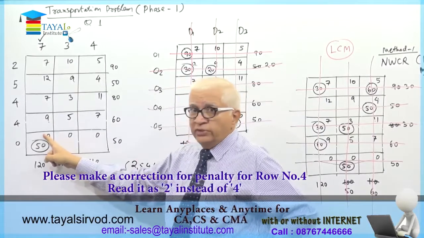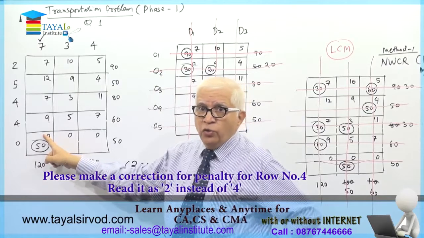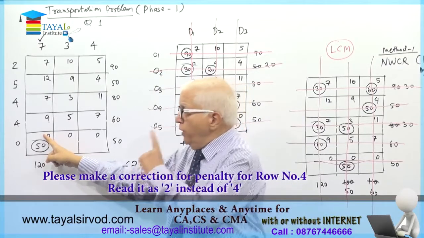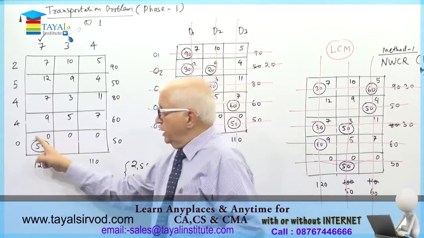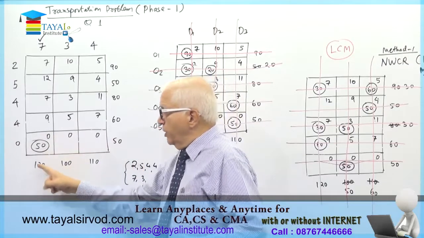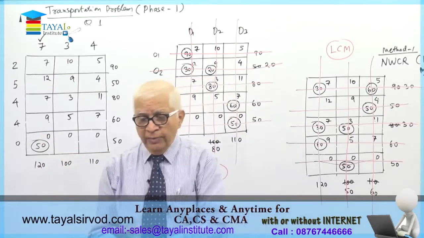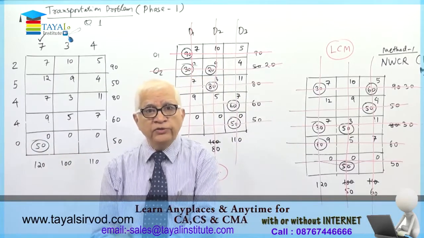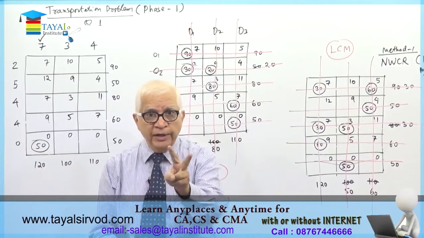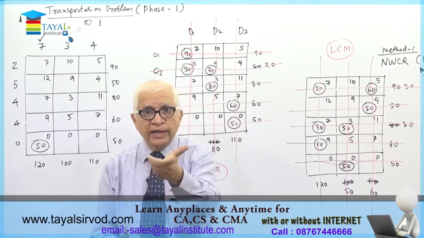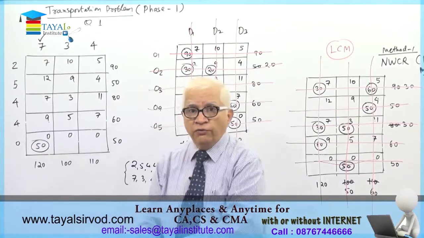And what is the address of this cell? It is O5D1. In the O5D1 cell, the availability is 50 and the demand here is 120. Therefore, the maximum allocation which I can put in cell O5D1 is limited to the lower of the demand and supply, that is 50. So I made an allocation of 50.